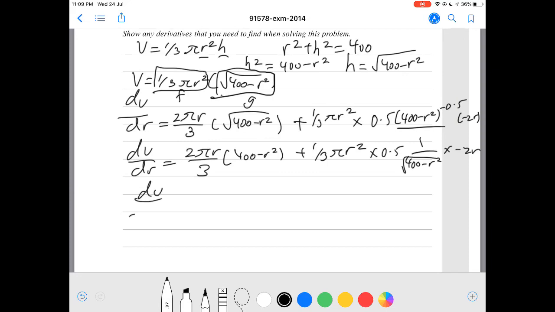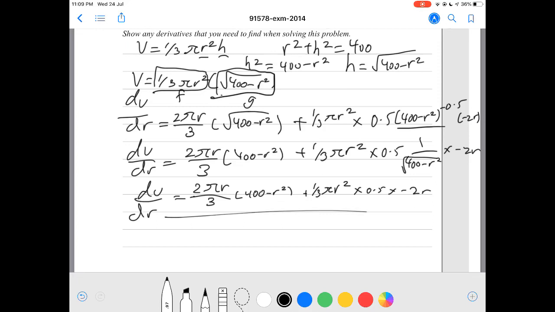So now if we rewrite this, dV over dr equals 2 pi r over 3 multiplied by 400 minus r squared plus 1/3 pi r squared times 0.5 times negative 2r over the square root of 400 minus r squared.